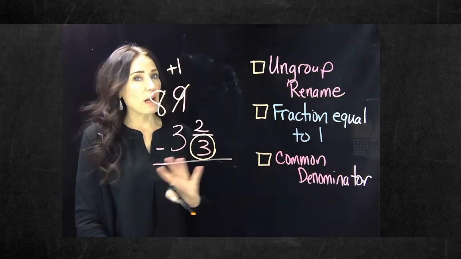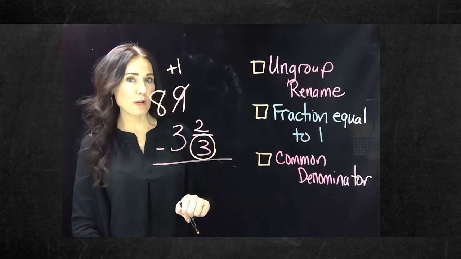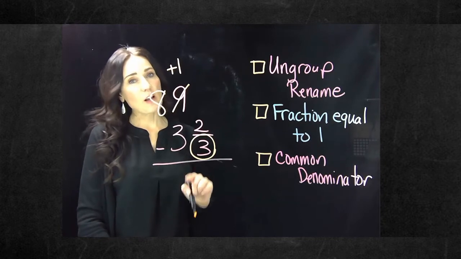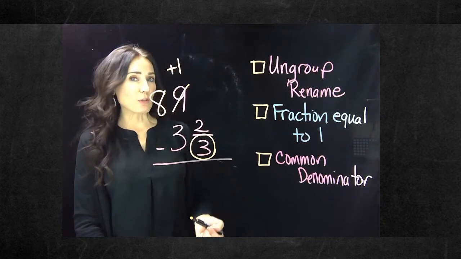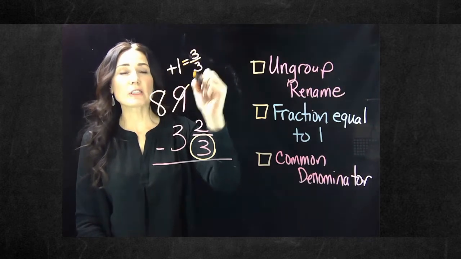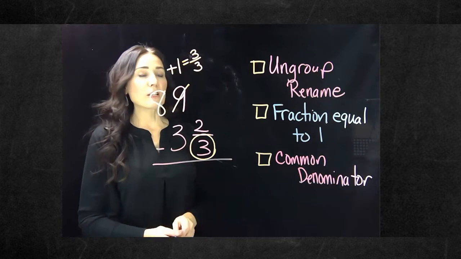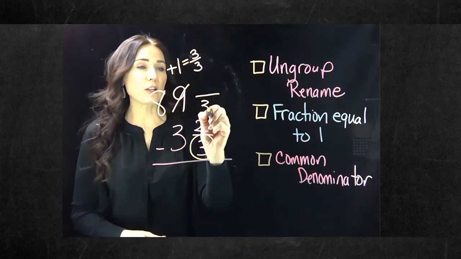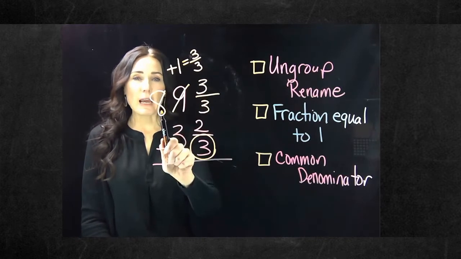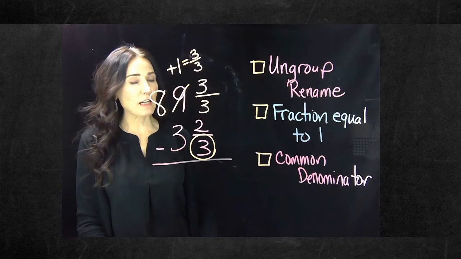So I want to make sure whatever fraction I use has a denominator of 3 and is equal to 1. So think about that for a moment. What fraction would have a denominator of 3 that is equal to 1? We would say that 3/3 is equal to 1, and it has a denominator of 3. So we can use that fraction here. So we have 8 plus 3/3, which still equals 9.